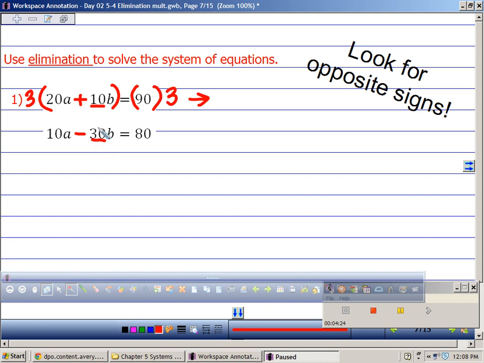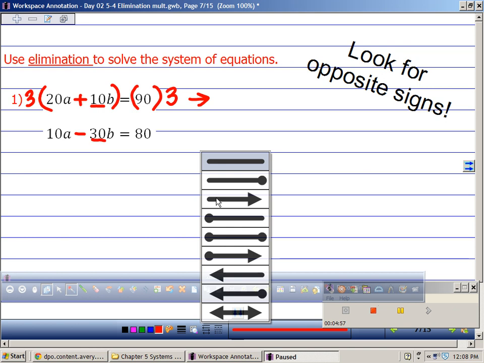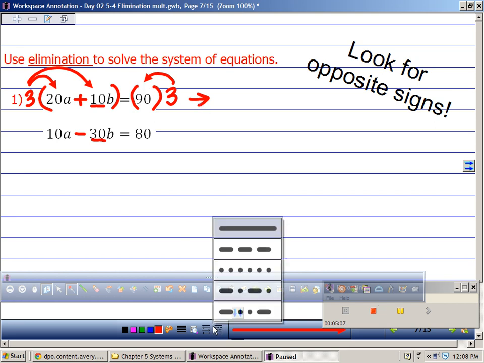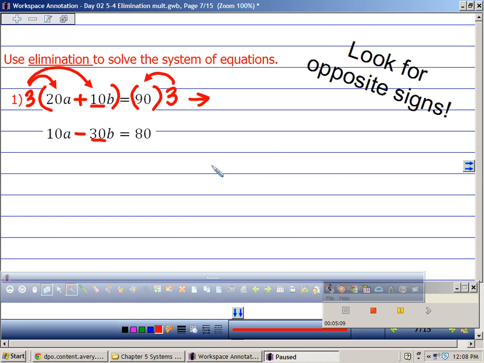Okay? So now when I multiply with 3, or distribute the 3 to everything inside of the parentheses and the 3 on the other side of the equation, now I get 60A plus 30B equals 270.